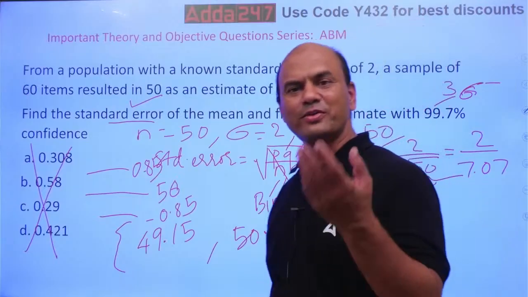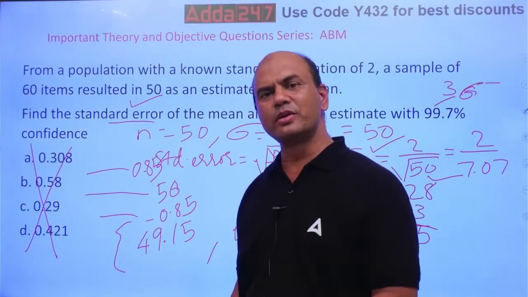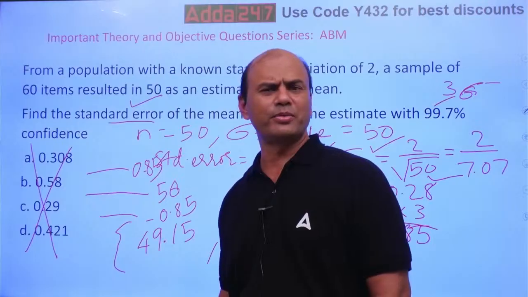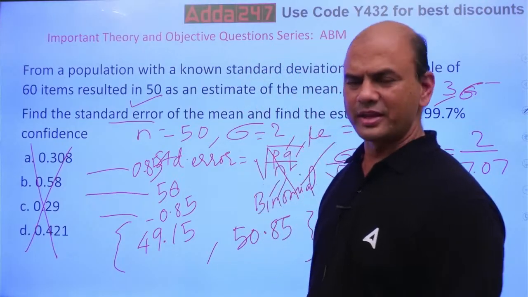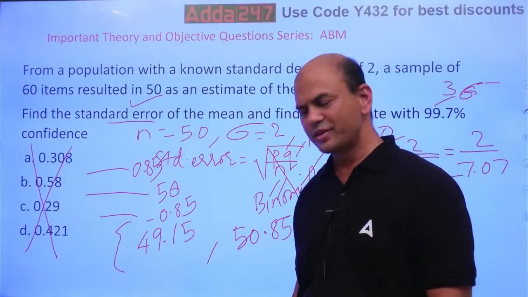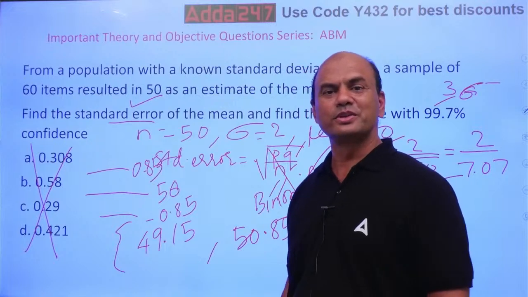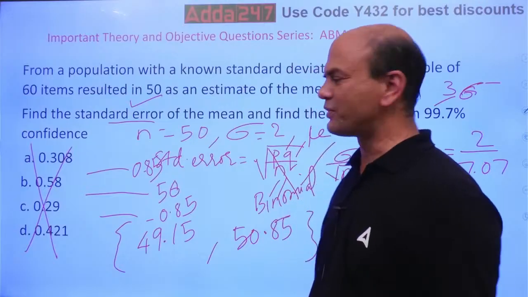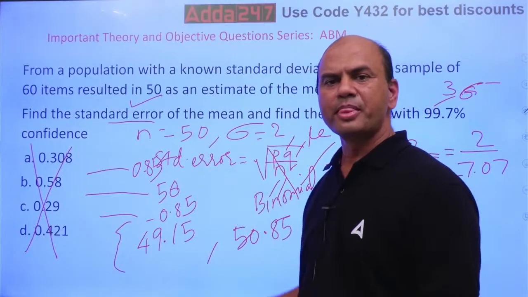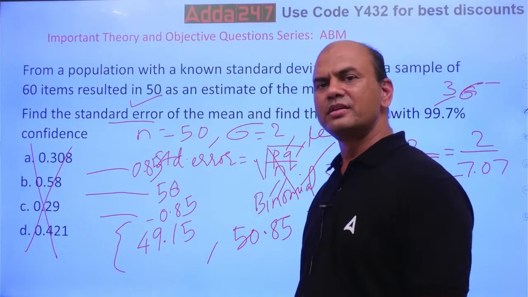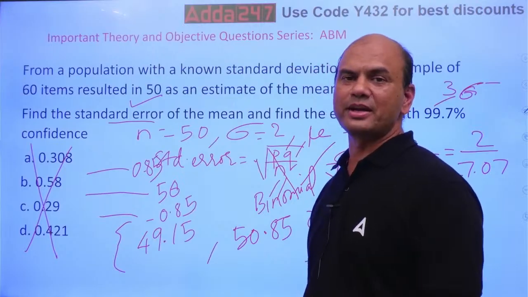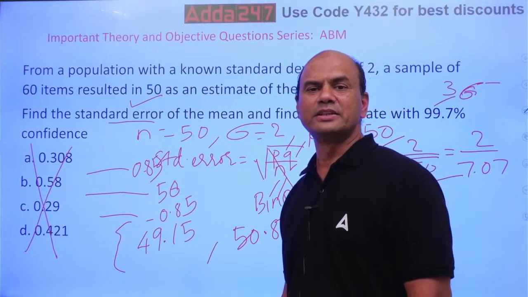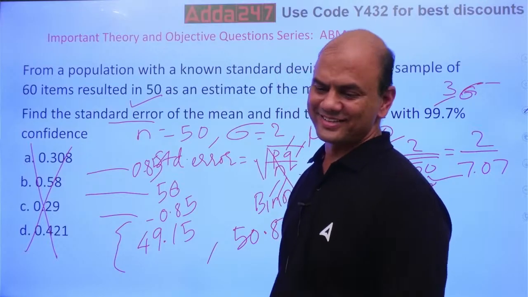So 50.56 and the lower side is 49.44. So this is the answer for 2 standard errors. Try everything. 50.28, and 49.72 for 1 standard error.